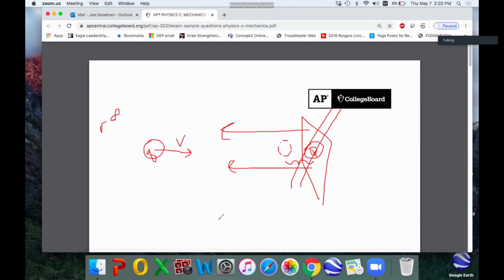It won't work, because if I start it off at infinity, I'll never get the charge to get anywhere near this thing because it's got to fight this constant force way out there. So whenever we have something like this, I'm going to tell you we're starting at a finite location, and then you're going to tell me how close we're getting.